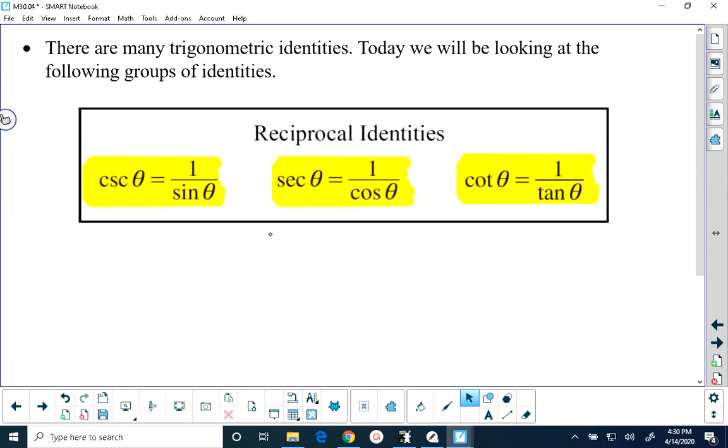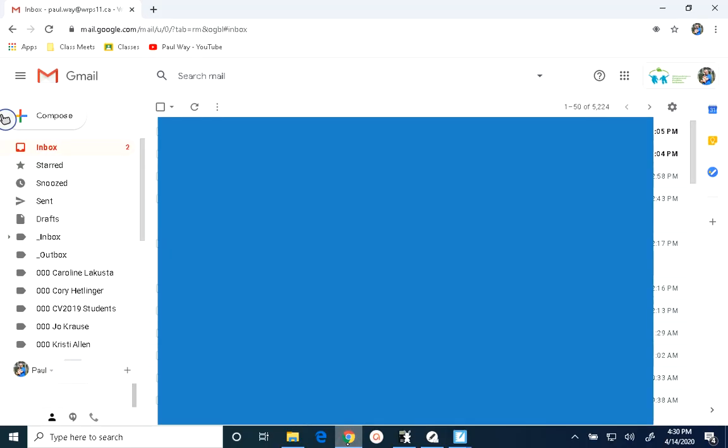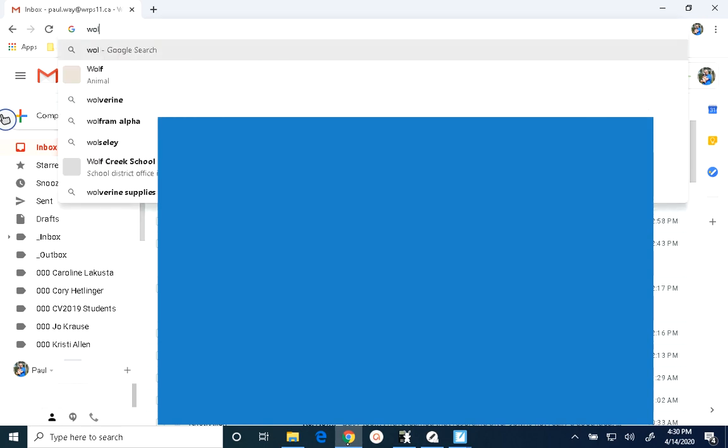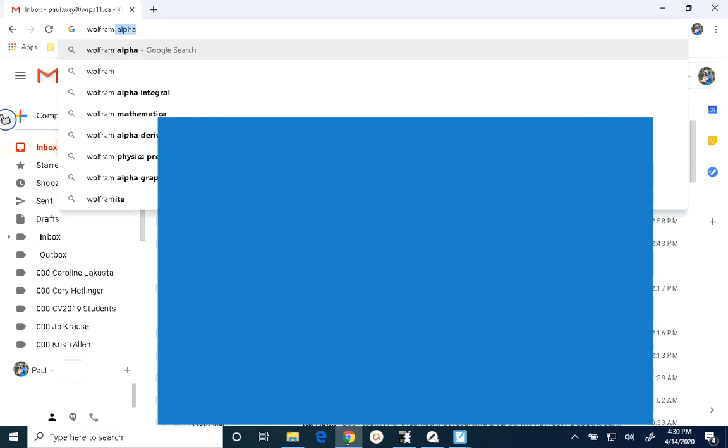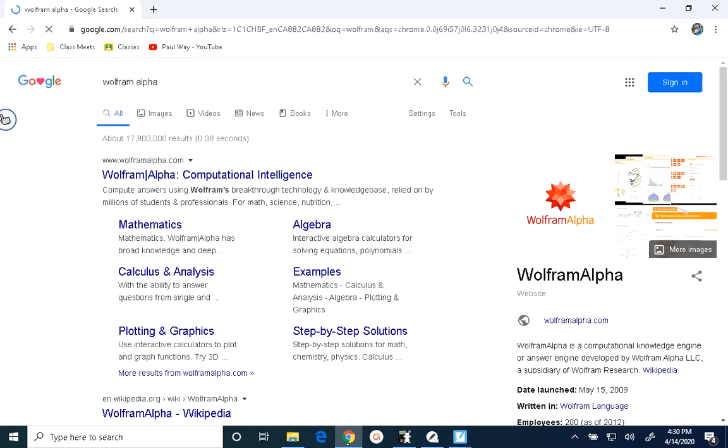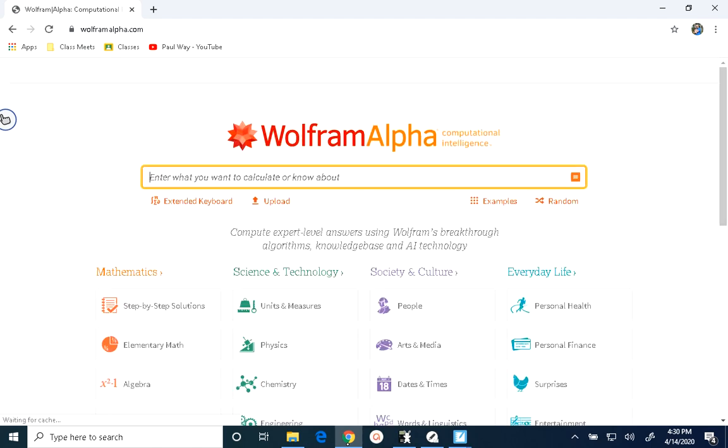However, if you went online to a website like Wolfram Alpha and typed cosecant of a particular number, in fact, I'm not in any big rush here. Let's do that. Wolfram Alpha is a mathematical site, kind of a mathematical search engine, and anytime you enter anything in, it will trawl through the whole internet finding everything about it.